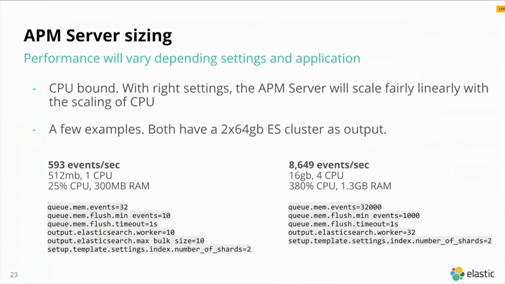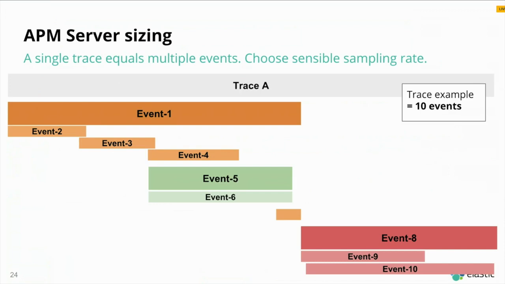And you might be wondering what events really mean. So going back to this slide we had before, a trace is essentially a bunch of events, transactions, and spans. And spans are very much a variable that is hard to predict from the outside.